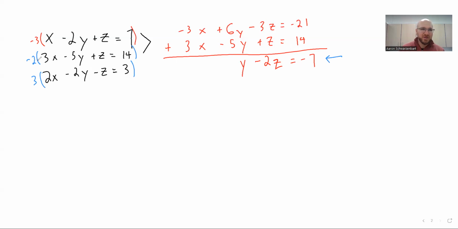So now I'll multiply the top one by negative 2. That's going to give me negative 6x plus 10y minus 2z equals negative 28. And positive 6x minus 6y minus 3z equals 9.